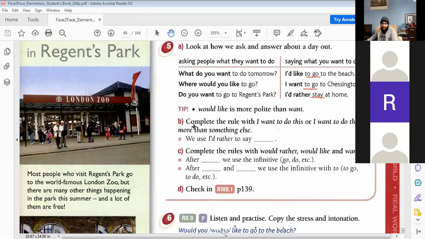Also, in part B the focus was more on meaning. So in part B, I'd rather usually means prefer something instead of something else. I want to do this more than something else.